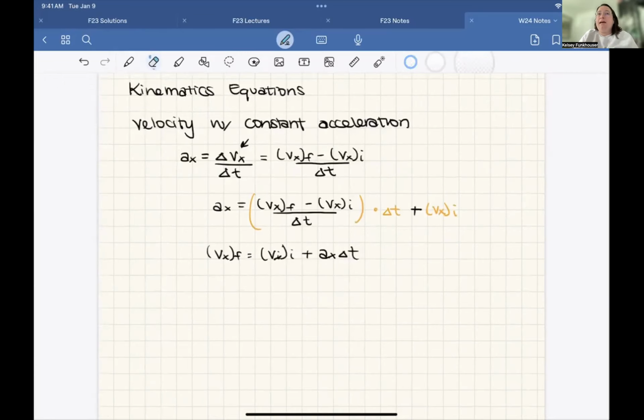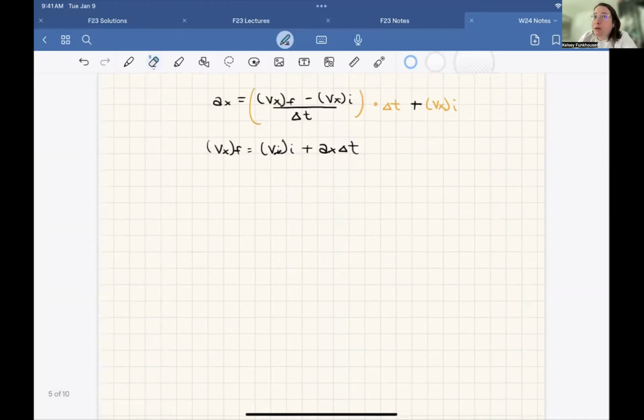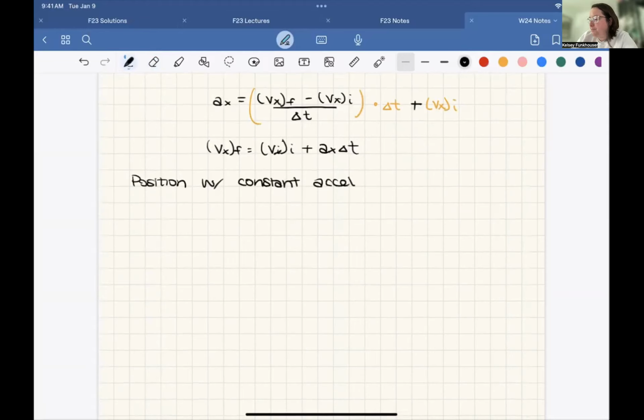Then we're going to look at position with constant acceleration. So I'm going to draw a beautiful graph really quick.